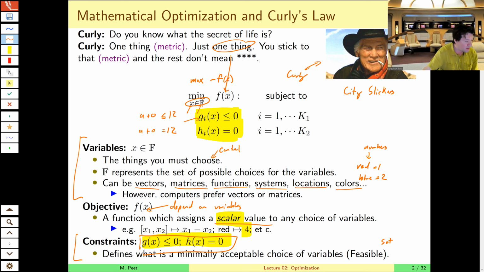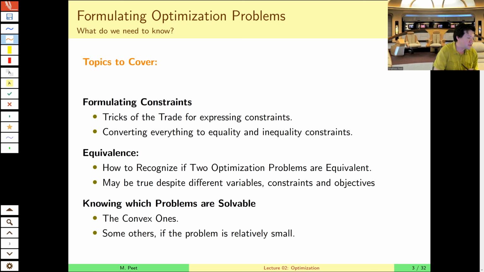Okay. So that's optimization problems. Now we go over the outline of this lecture. This is a little bit backwards, because ultimately we want to formulate our optimization problem as one which is solvable.